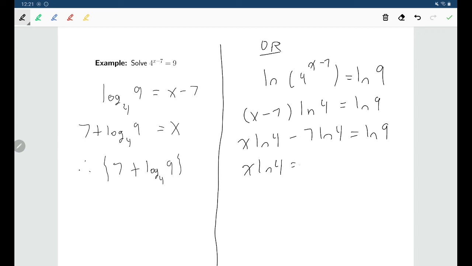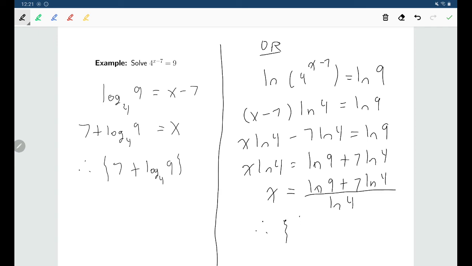And then I'll bring that 7 natural log of 4 to the other side, and then divide by natural log of 4. And I come up with another answer that looks different than the first one.